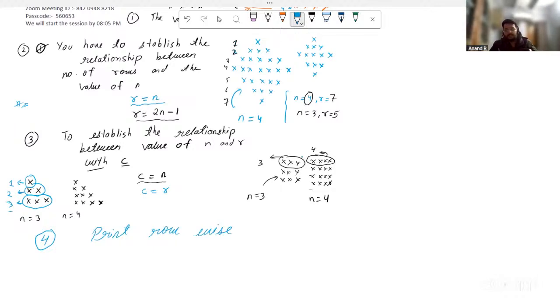Let's say you want to print these stars. Will you print first row, second row, third row, or will you print first column, second column, and then third column? What do we prefer? First one or the second one? Row wise or column wise?